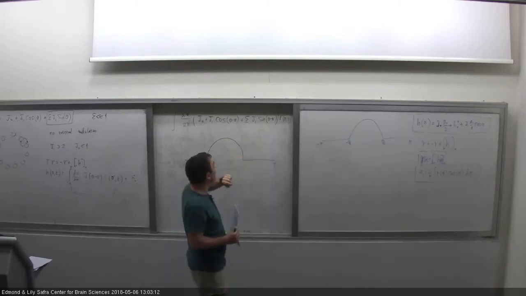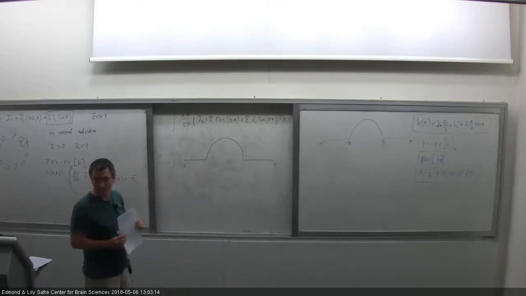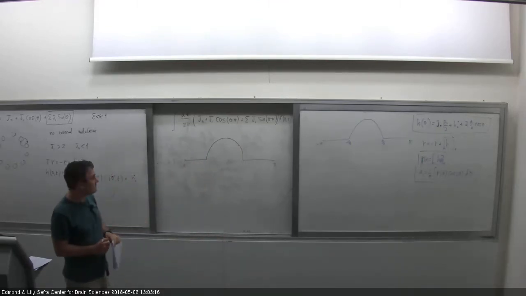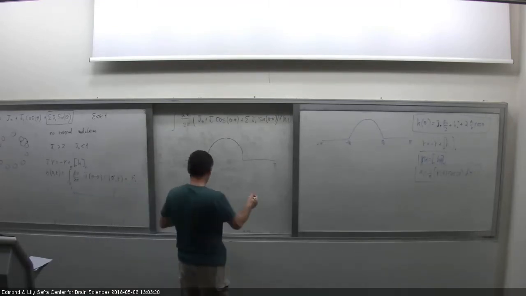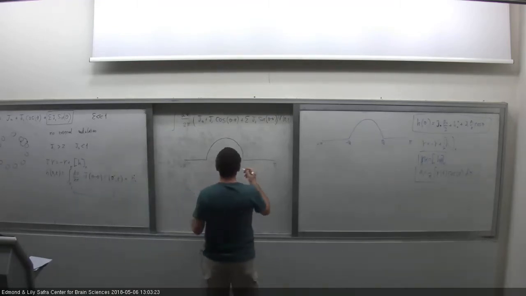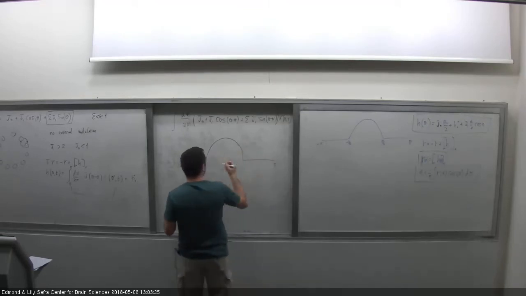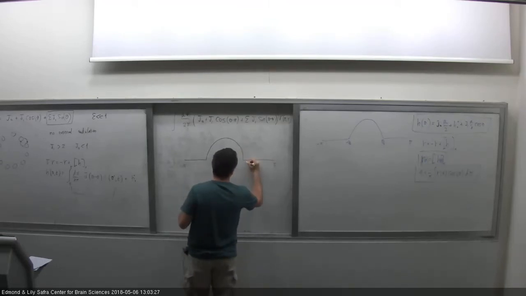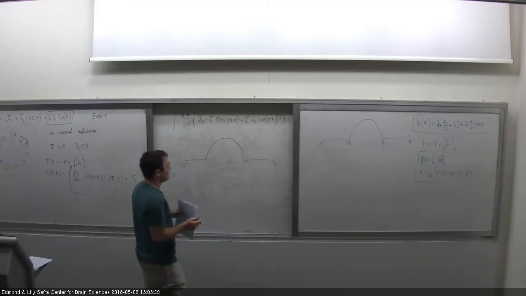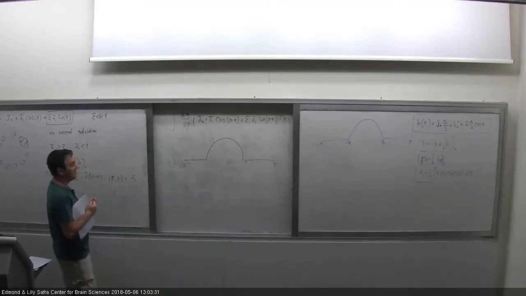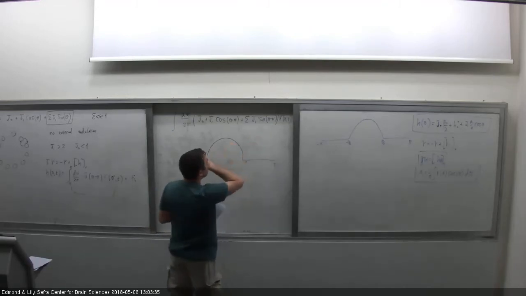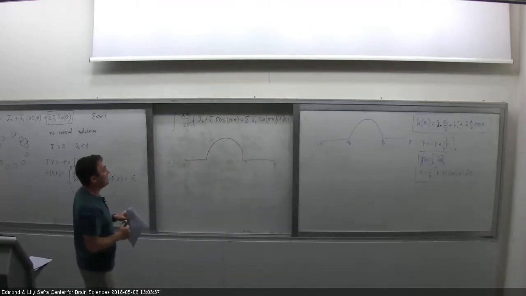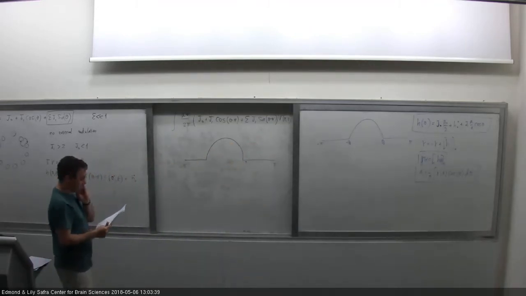How will this term affect the activity of the neurons? Let's look at a neuron that is here, for example. What will be the effect of this additional term?